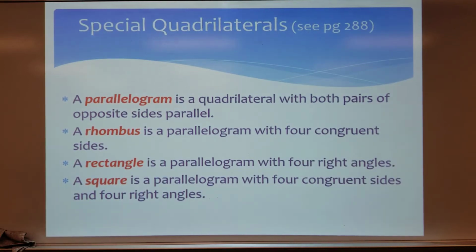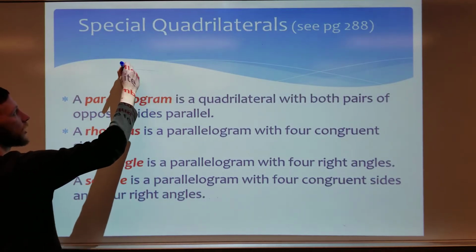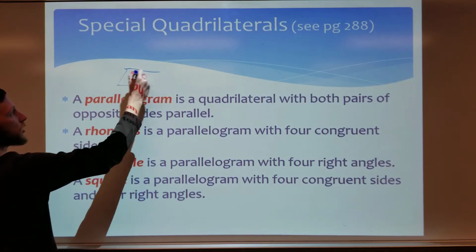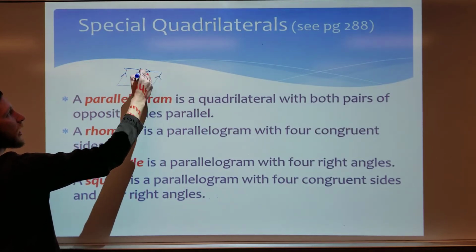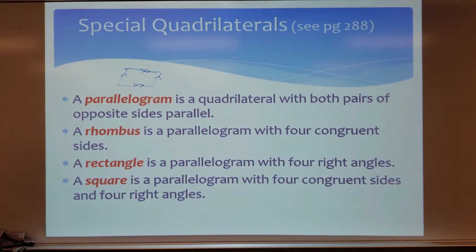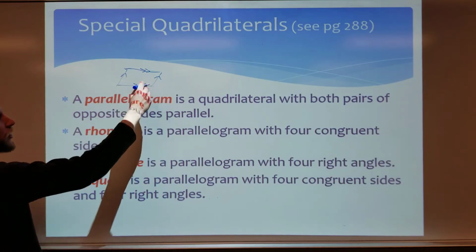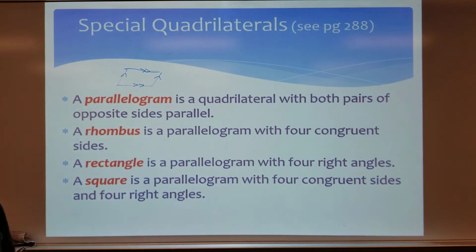We had a lot of pictures of parallelograms in our previous unit when we were dealing with proving triangles congruent. We'd have a pair of parallel sides, another pair of parallel sides, and we would draw in the diagonals and say, oh, now we've got alternate interior angles congruent, etc. But at its basic level, a parallelogram is simply a quadrilateral where both pairs of opposite sides are parallel.